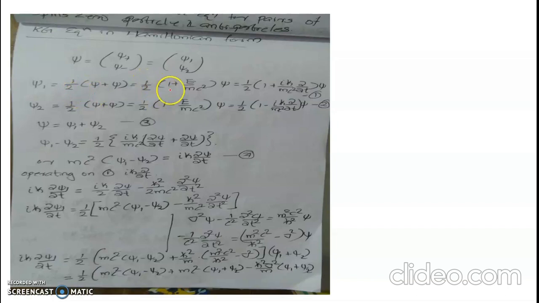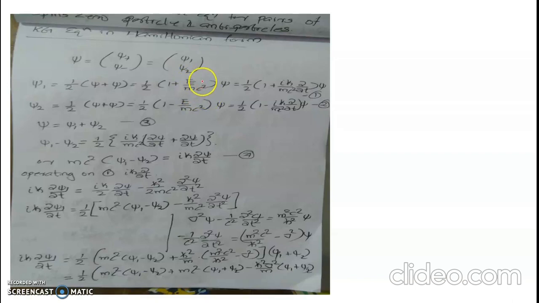However, we modify it in the sense that this is the solution corresponding to positive energy E plus, and this is the solution corresponding to negative energy. So half into psi is taken out, 1 plus E by mc square. E is the energy possessed by the particle, and mc square is the relativistic energy.